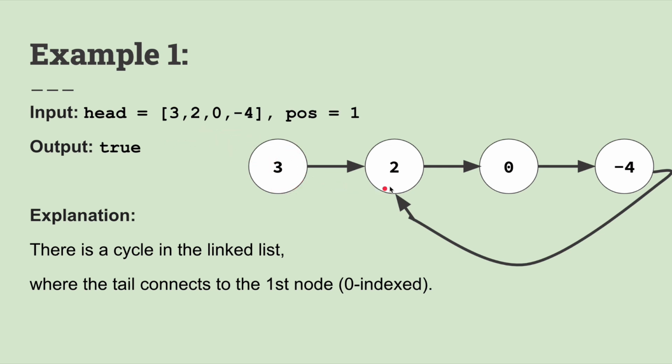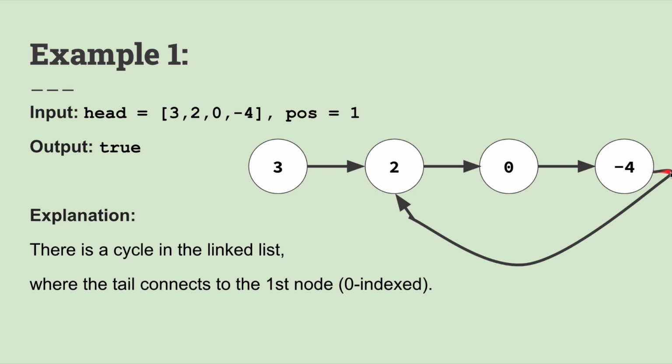Let's suppose 3, 2, 0, -4, these nodes in a hash set, and check if we visit any node again or not. Let's suppose you have added 3 in the hash set, okay, fine. Let's move to the next node. The next node is 2. You will put it into the visited set, right? Then we'll go to 0, then you'll move to -4. So all these you have added till here.